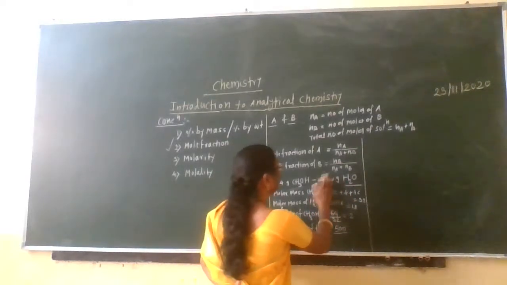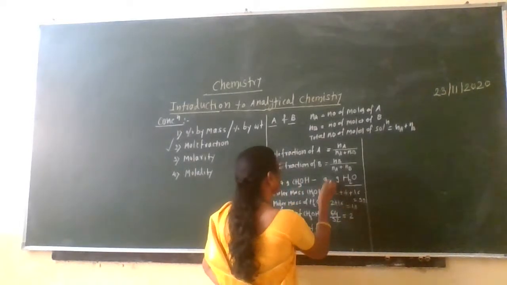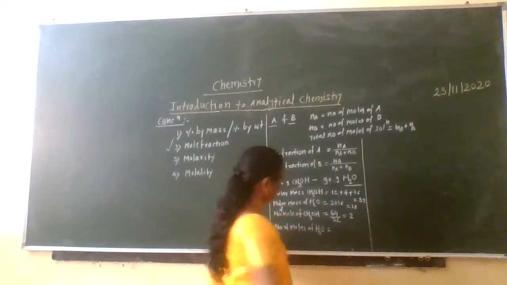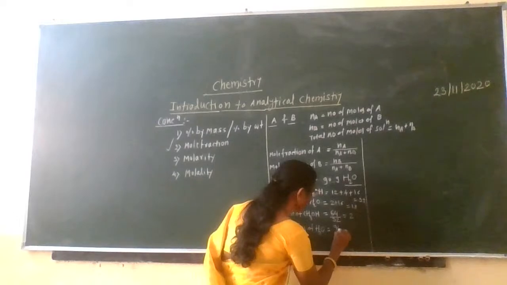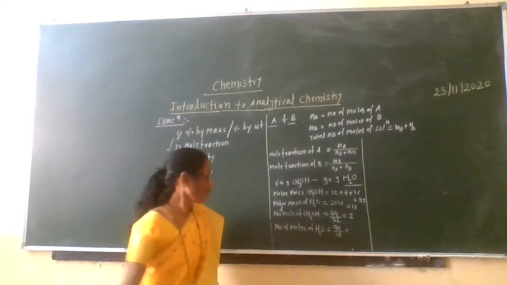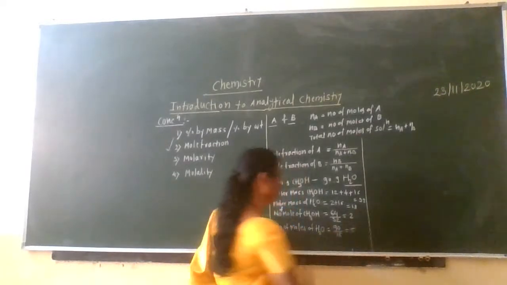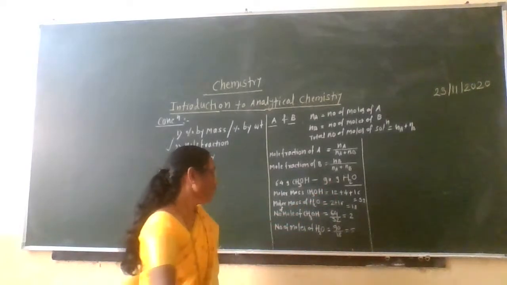Here we can change the value, suppose here 90 gram, for better understanding and for the simplest calculation. Suppose here 90 divided by 18. What do we get here? 5. For the simplest calculation, we have changed this value.